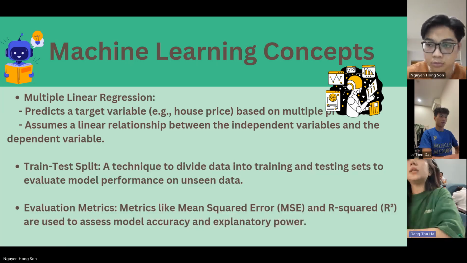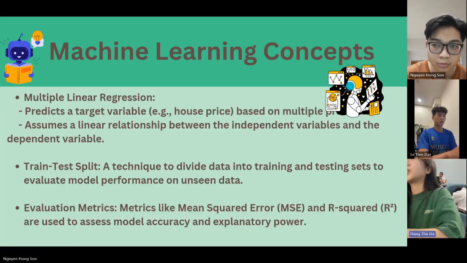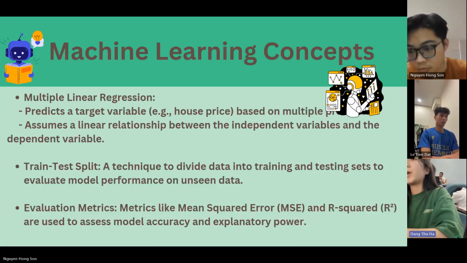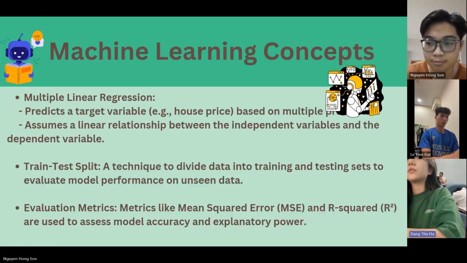And we use train test split, a technique to divide data into training and testing sets to evaluate model performance on unseen data. We also use evaluation metrics like mean squared error and R squared to assess model accuracy and explanatory power.